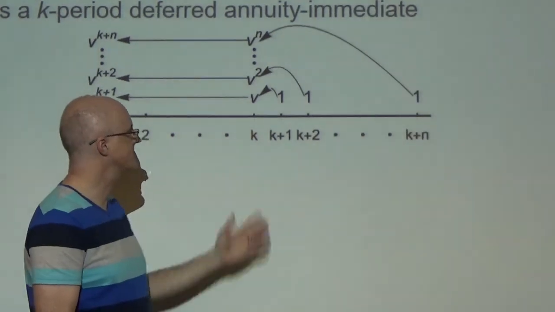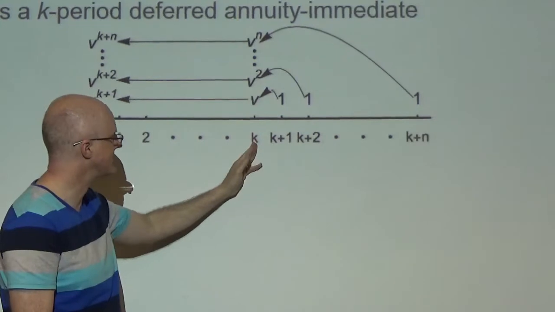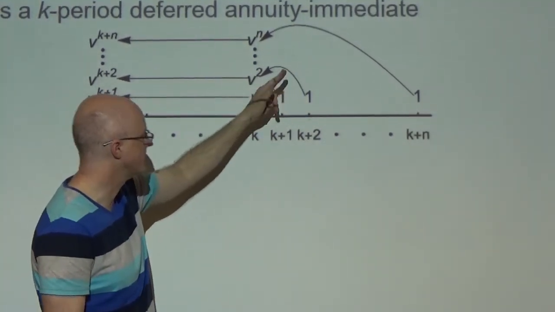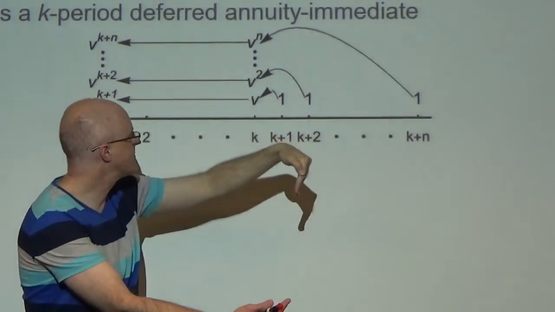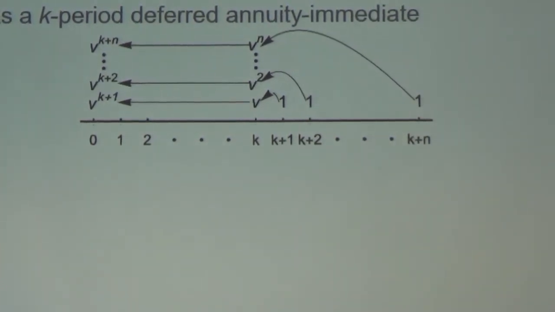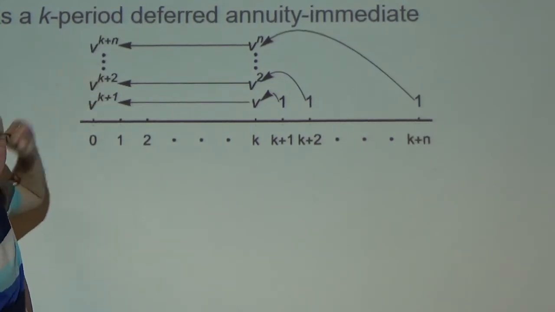First, find the present value of this thing as an annuity immediate 1 period before the first payment, so at time K. So this goes back by 1 year, this goes back by 2 years, or periods, this goes back by n periods. And then each of those payments needs to go back in time to time 0, back by K years, so I need to add K to all the exponents.